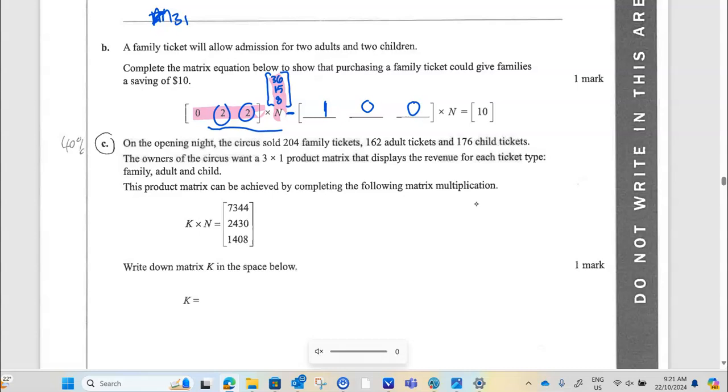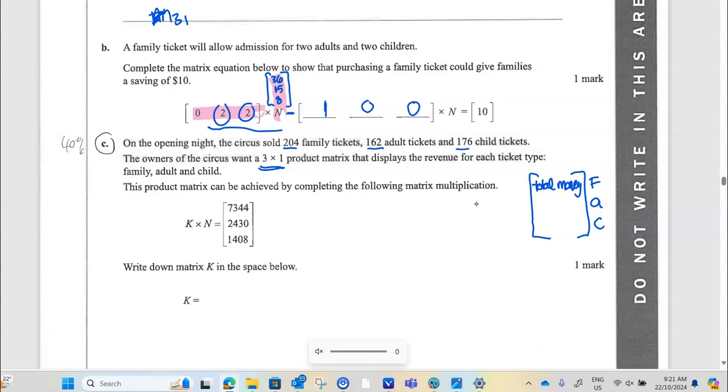So they're telling you how they want it. They want a 3x1 with the family, adult, and child, and this is the total money made by those tickets.